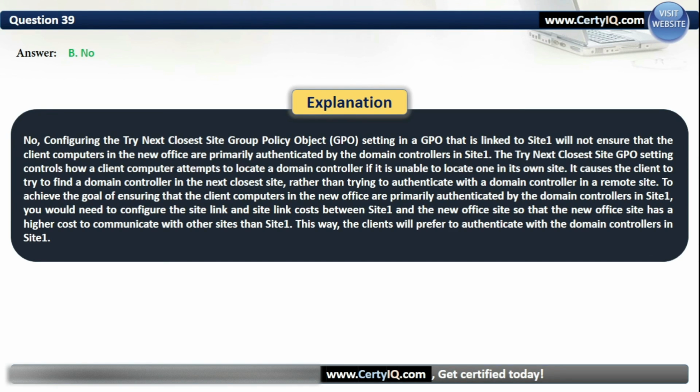To achieve the goal, you would need to configure the site link and site link costs between Site1 and the new office site so that the new office site has a higher cost to communicate with other sites than Site1. This way, the clients will prefer to authenticate with the domain controllers in Site1.